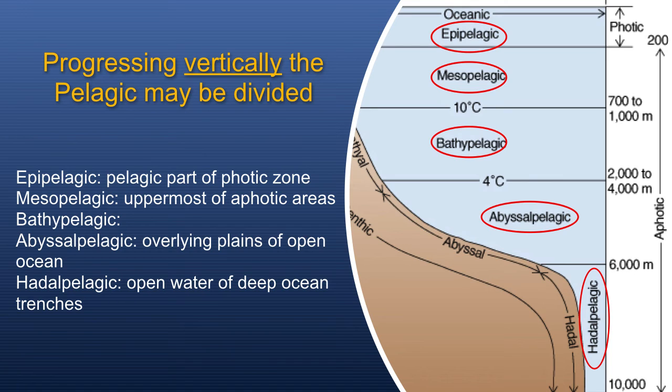And then really, really deep, so 6,000 to 10,000 meters down, we're talking about the hadal-pelagic, which is the open water of the deep ocean trenches. So you might remember I had talked to you about how most of the world is cold and dark and deep. Well, here it is. Bathypelagic, abyssal pelagic, hadal-pelagic.